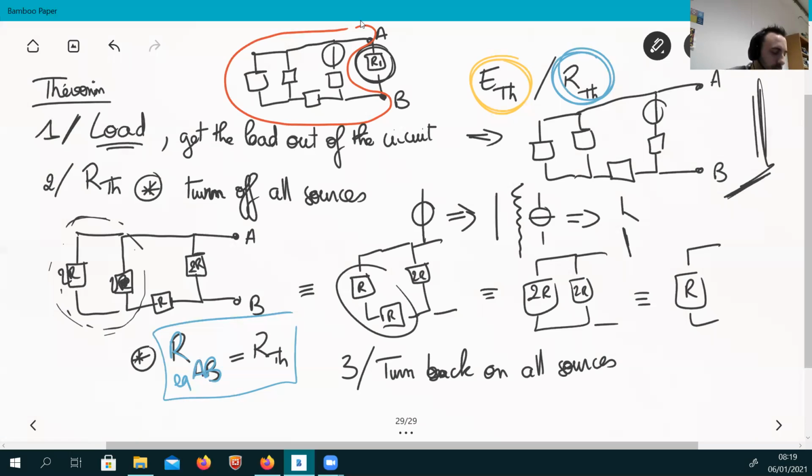So you go back to the initial circuit and you now look for ETH. I'm back to the first circuit without the load, and I say now I want here the value ETH. You have now to solve your problem by applying Kirchhoff law to get at the very end this ETH value in this circuit.